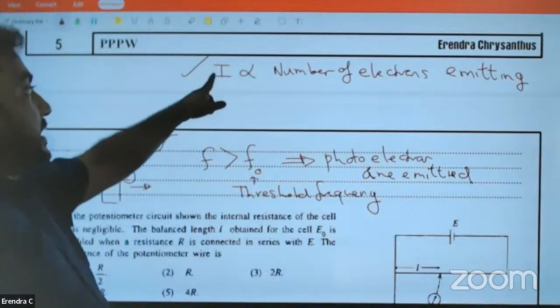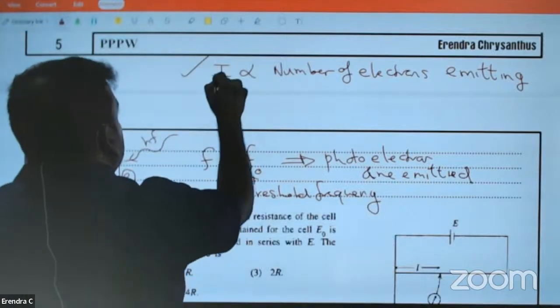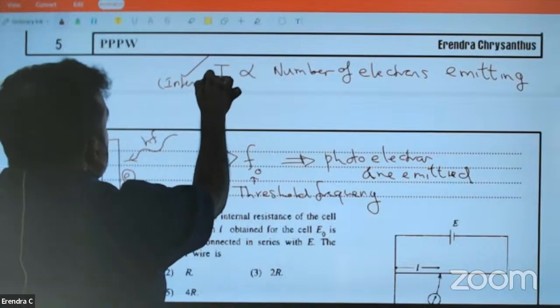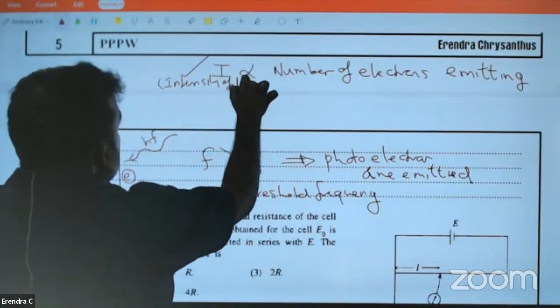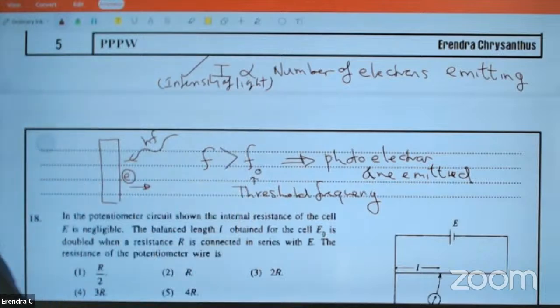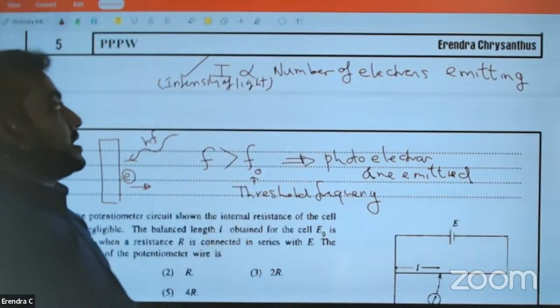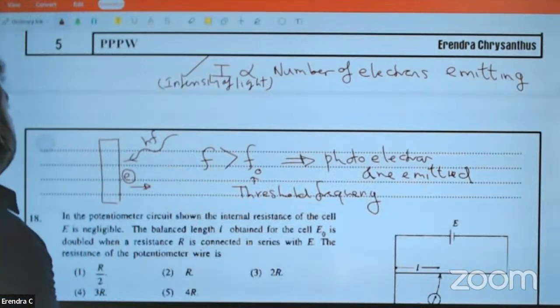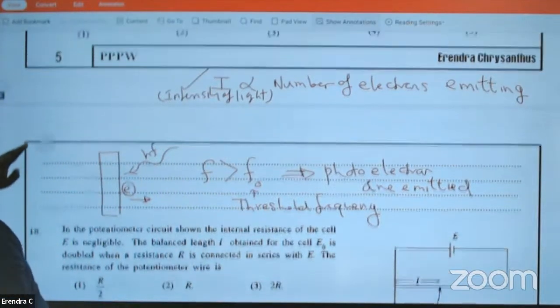So you must know intensity. I is intensity, I write inside brackets intensity of light. Intensity of light is directly proportional to the number of electrons emitted. Now look at this carefully.